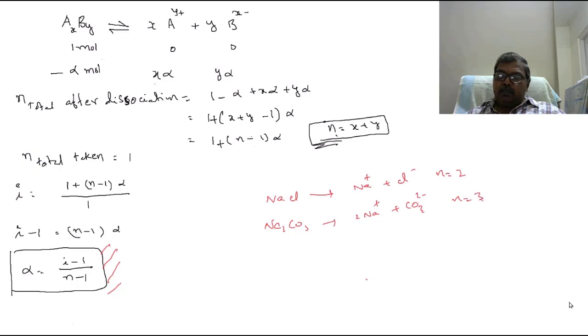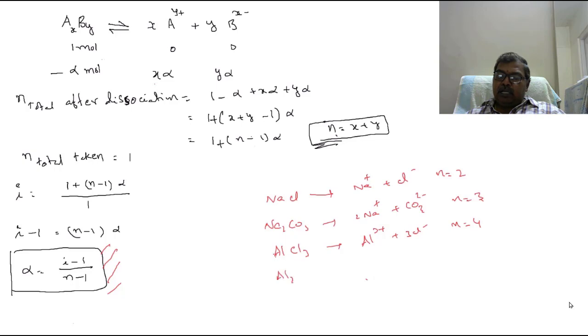For example, you take AlCl3, Al3 plus, 3 Cl minus, n equal to 4, right?